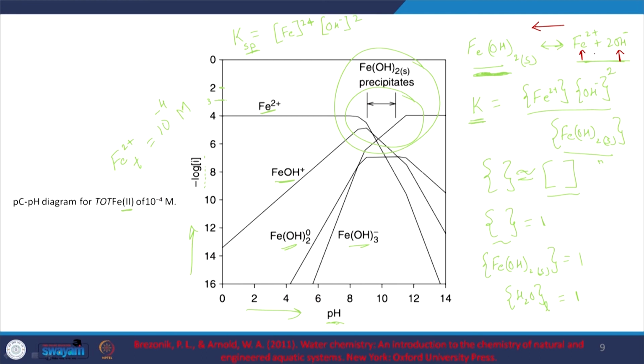That is what you see in this graph also: when pH is high, meaning OH minus is high, and also when Fe2+ concentration is high, that is when this solid will precipitate out. There are certain thresholds, depending upon the relevant solubility products, beyond which the metals or the bivalent cations will start precipitating out. So, this is the background that you need to be aware of.